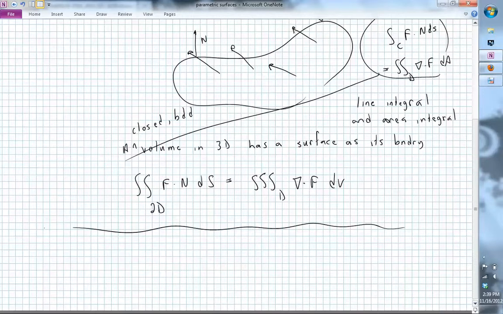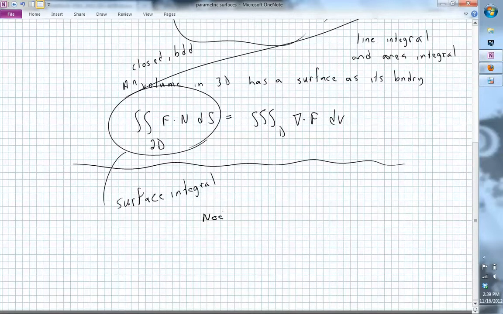So to do a surface integral, we need a way of representing surfaces.